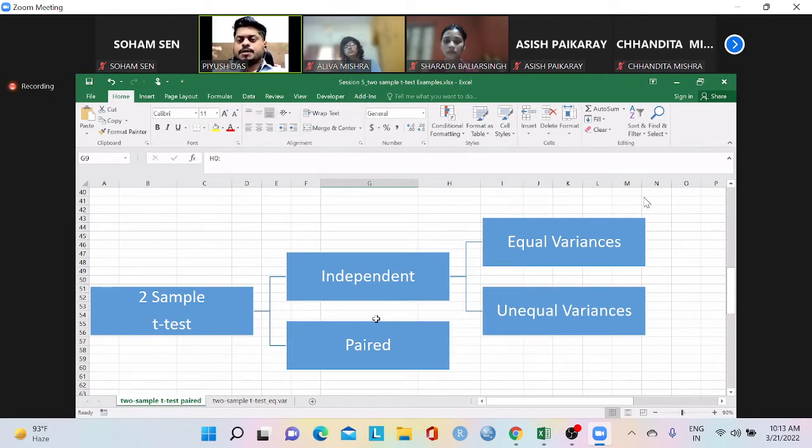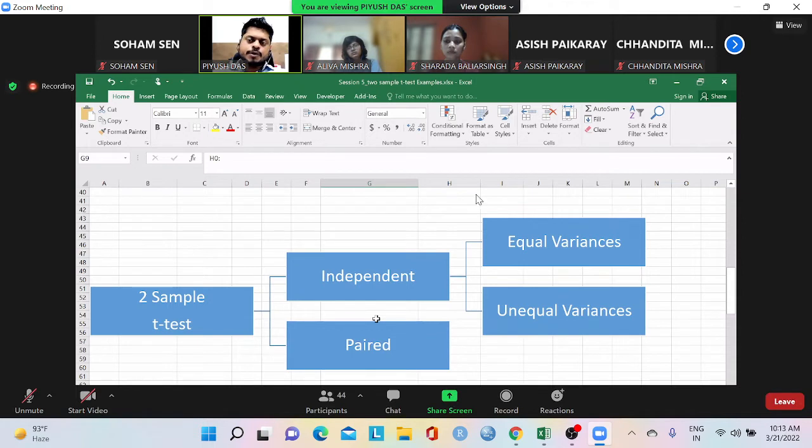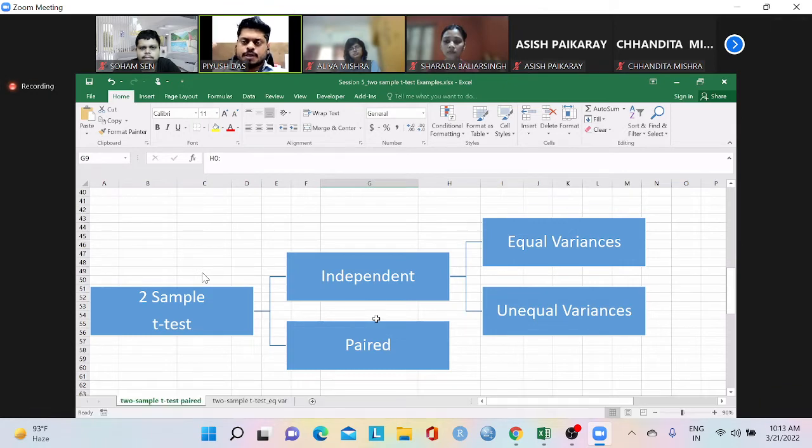Paired means that for the same respondent, I'm collecting two different data points. The typical example in any study book for this two-sample test is a person going for a blood test. If some of your family members have had a sugar level test before breakfast and after breakfast, that is where the pairing of data points comes in.